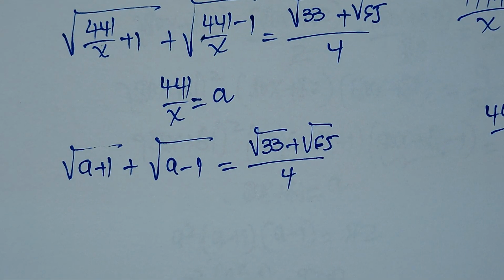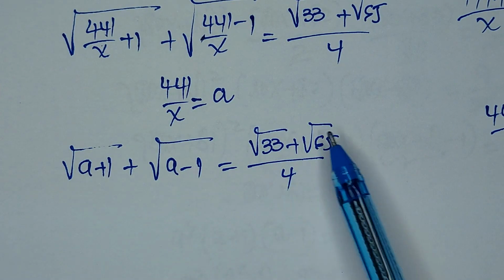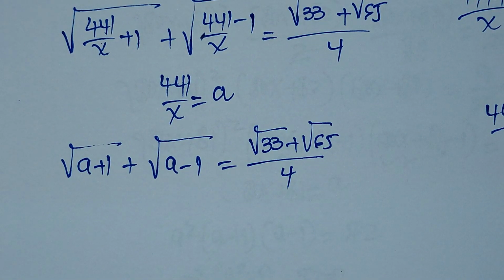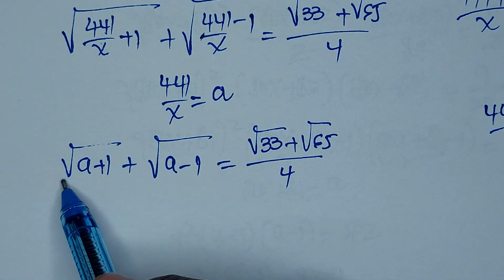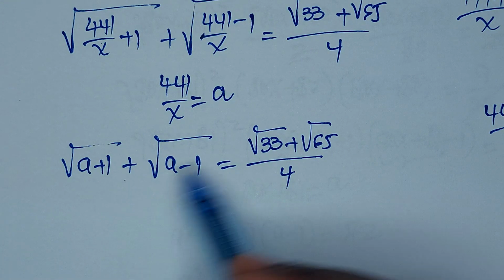Well, there are so many ways you can solve this, because these are square roots. You can square both sides if you want, but I'm not going to do this. What I'm actually going to do, guys, is multiply both sides of the equation by the conjugate of this.